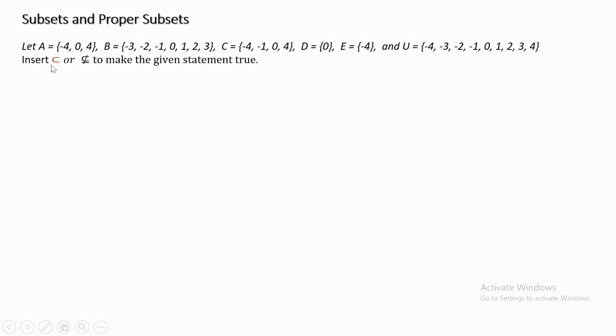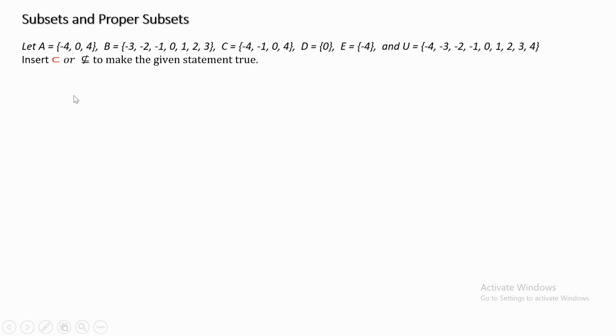So here they want you to insert a proper subset or not a subset to make the given statements true. I believe they made a mistake in the book, but this is the way the instructions are in the book. I believe the book should also be talking about subsets.